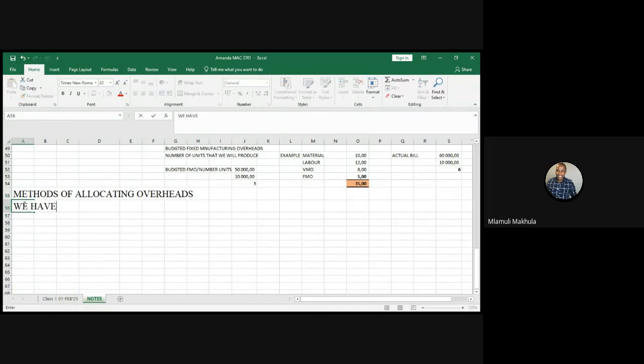We have a traditional method and an activity-based method.